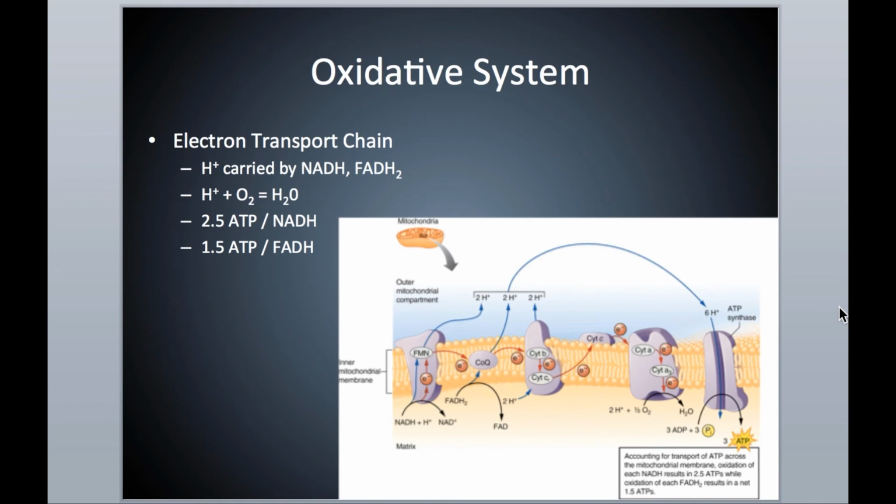And from that, we're going to be adding some oxygen. And we're going to end up with water and ATP. So you can see the amount of ATP for every NADH and the amount of ATP for FADH2, 2.5 versus 1.5 respectively.